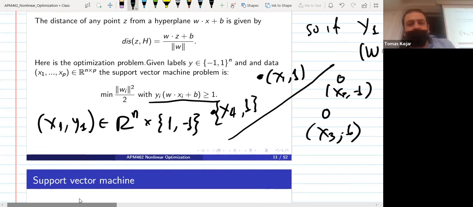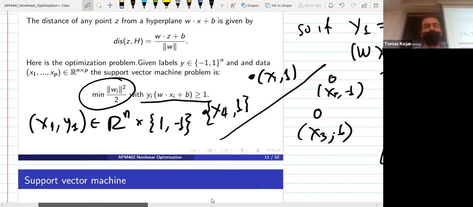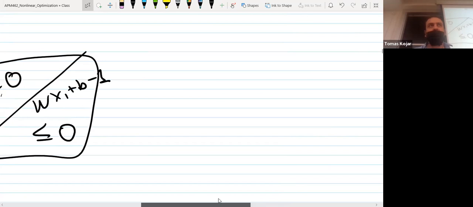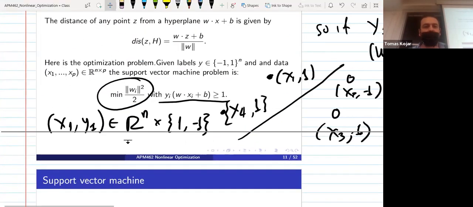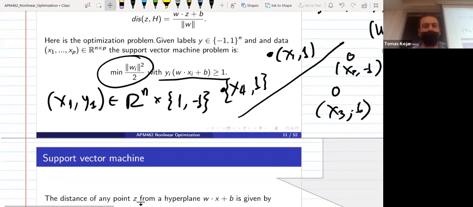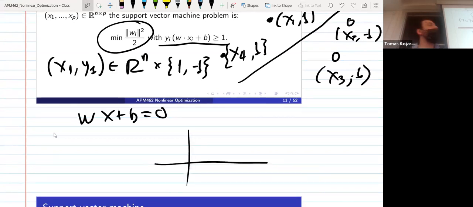And the intuition about this minimization of W, this is just the slope. Let me give you the intuition for W. Why do we minimize over W? I'm doing 1D because it's too much. So what happens as W goes to 0?